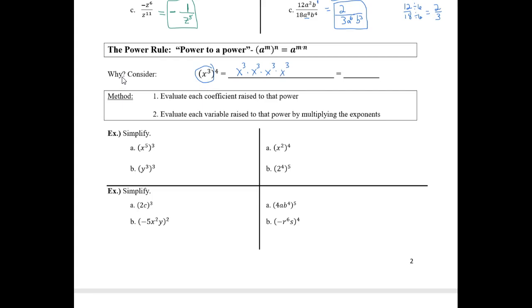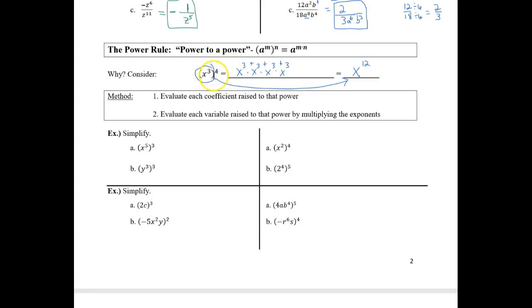And we just learned the product rule that says we would add these exponents. So we're multiplying quantities with the same base, raised to powers. We add the exponents. So 3 plus 3 plus 3 plus 3 would be x to the 12th.